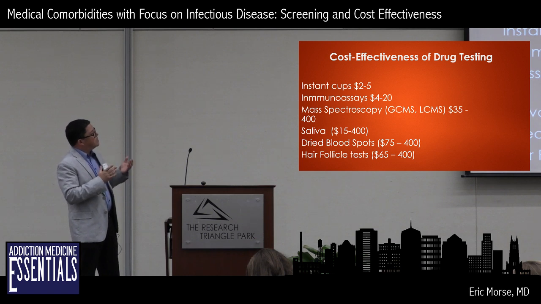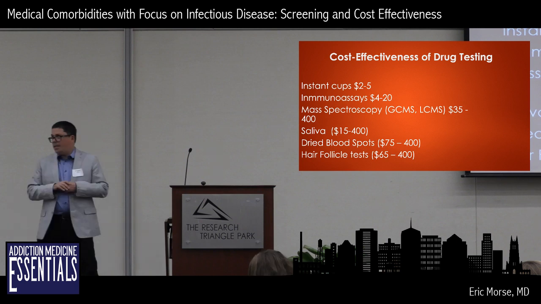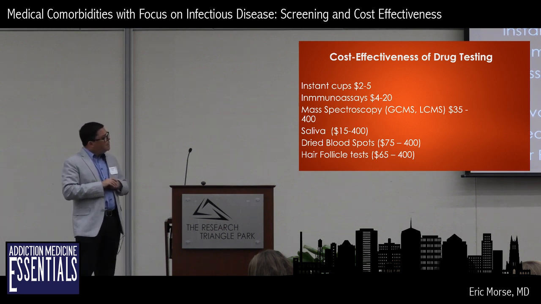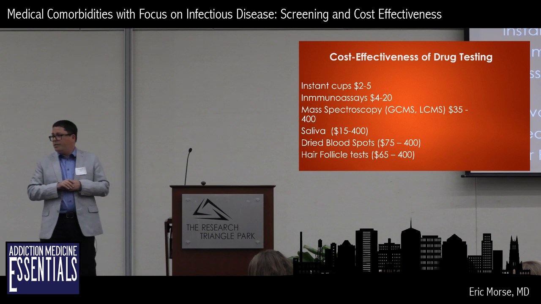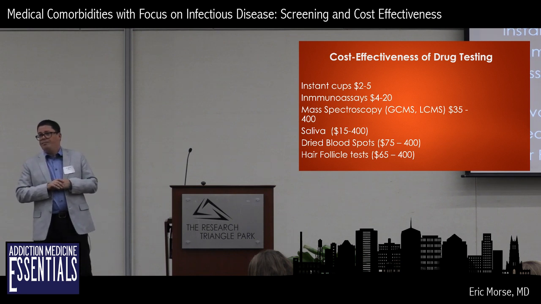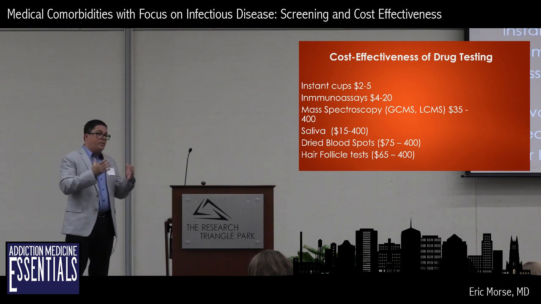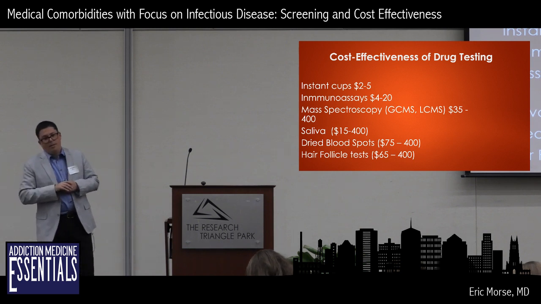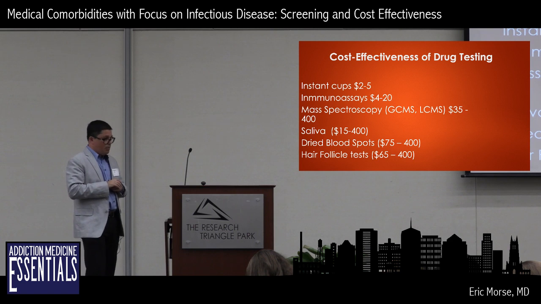But in my office, the instant cup I buy, and I buy 200 at a time, and it usually lasts me a couple of weeks for between 7 OBOT providers, works out to be about $3 a cup. And so that gives you an immunoassay instant result, which you then can decide whether or not you want to confirm.